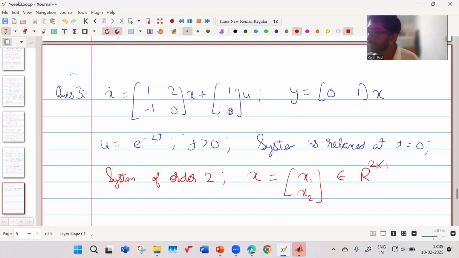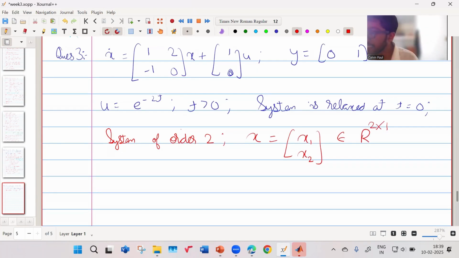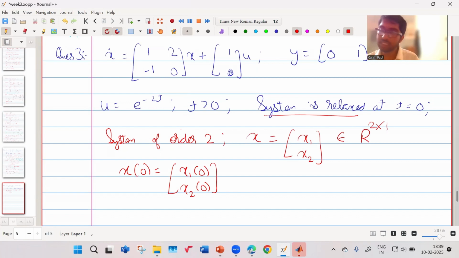Now there's x of 0, which is x1 at 0 and x2 at 0. If the system is relaxed, it means there's no energy stored in the system, and that means these initial states are 0 and 0. So x1 of 0 is 0, x2 of 0 is 0. This is the initial condition.